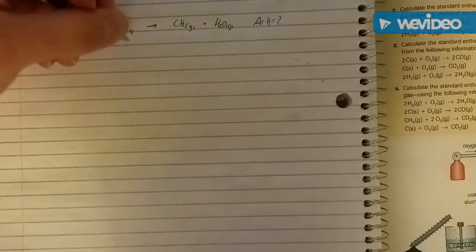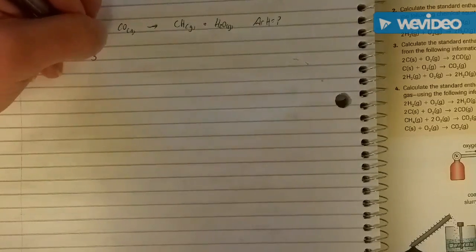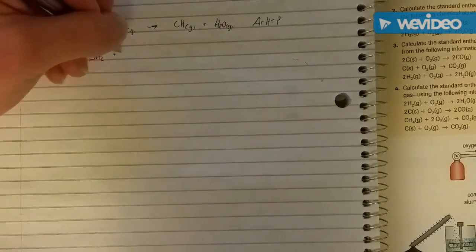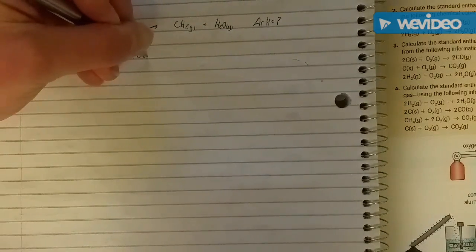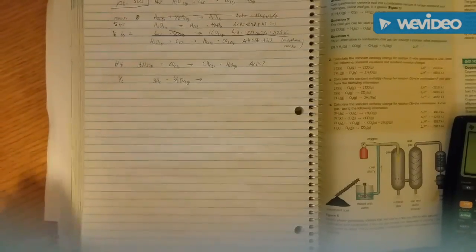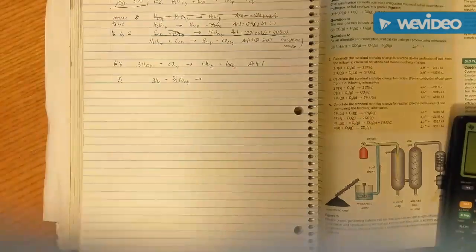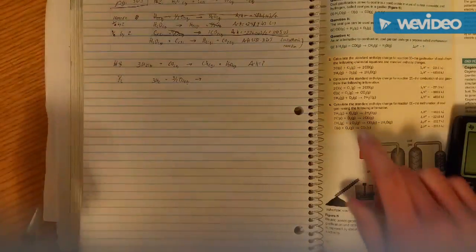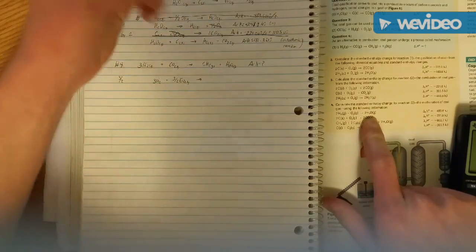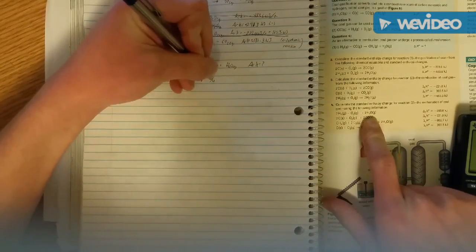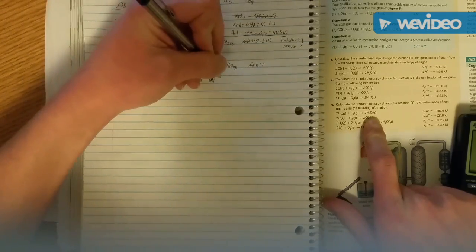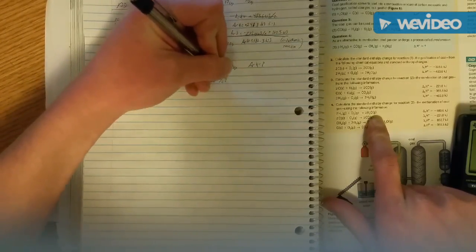So 3H2 plus 3/2 O2 gas forms, sorry, we cut off, 3/2 O2 gas. And lastly, we have 6/2 H2O.